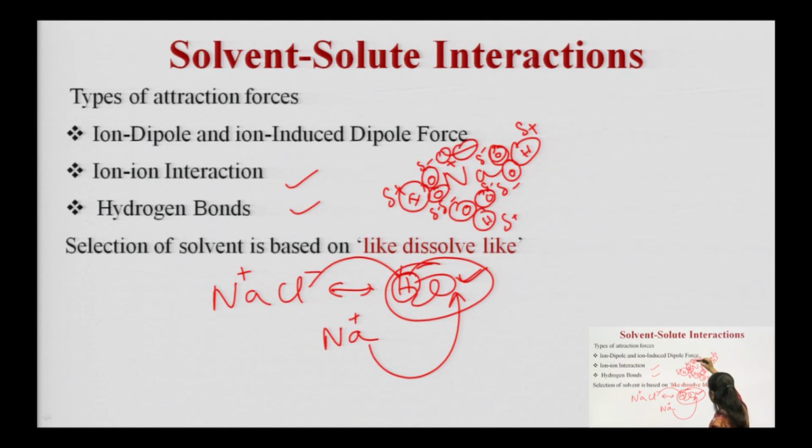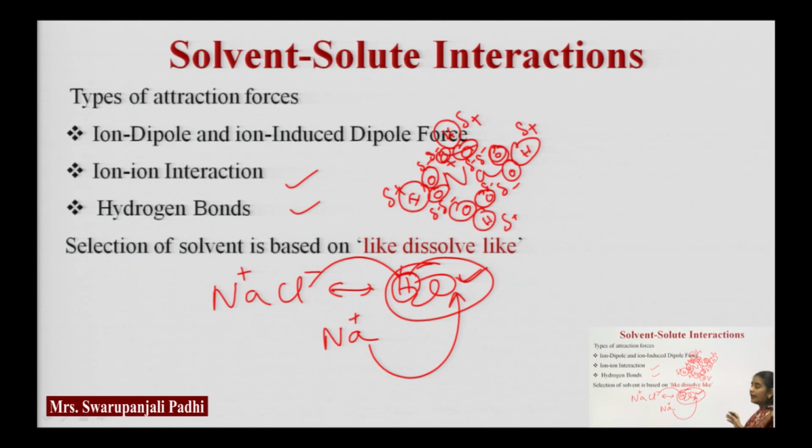Likewise, this will be surrounded by oxygen. As we know, water is a polar molecule, so its partially negatively charged oxygen faces towards your sodium cation, and in this way it gets dissolved in water.